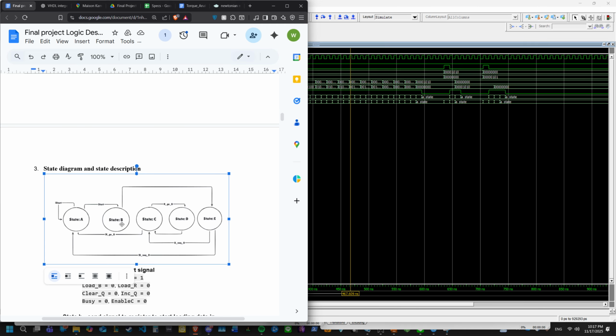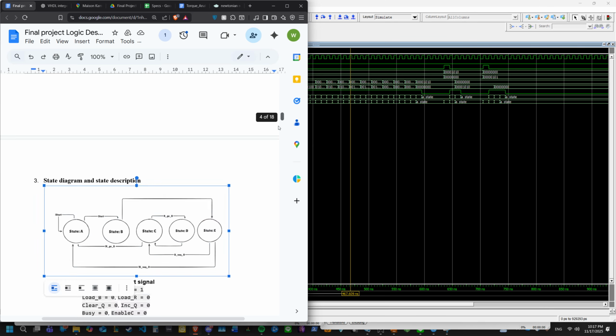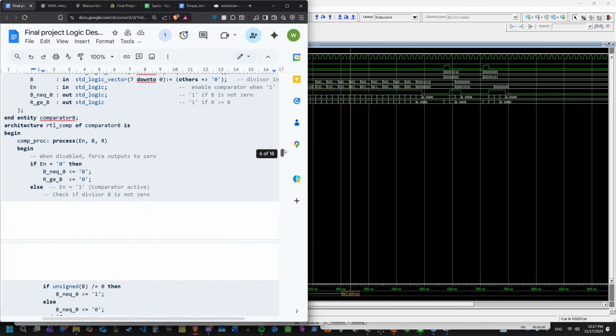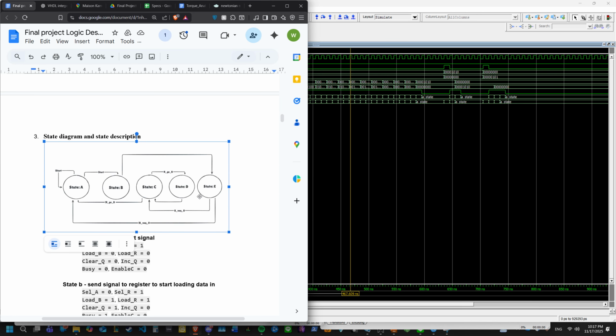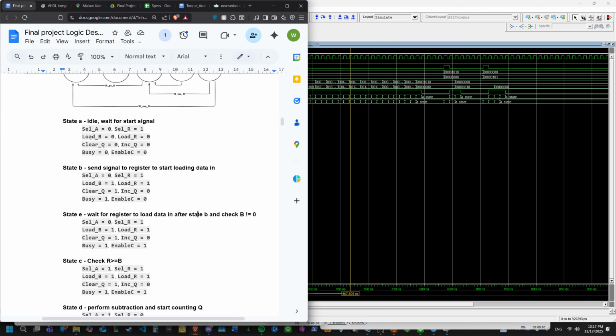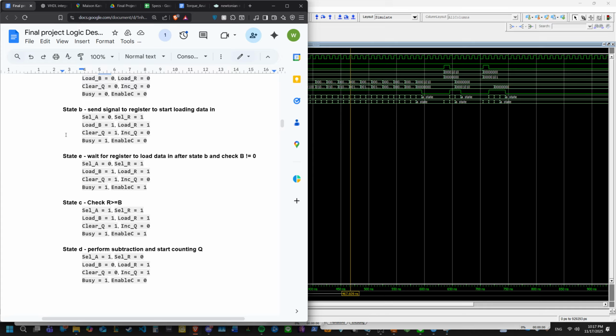Okay, so this is our state diagram, which is similar to the ASM chart, where we have the five states and how each state moves from one to another. This also says what happens at each state, so what register channels get triggered when you move from one state to another.